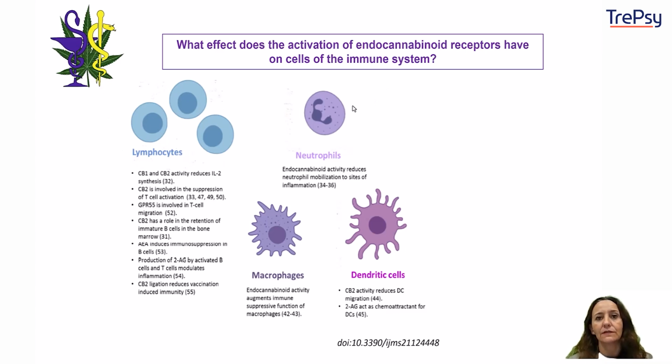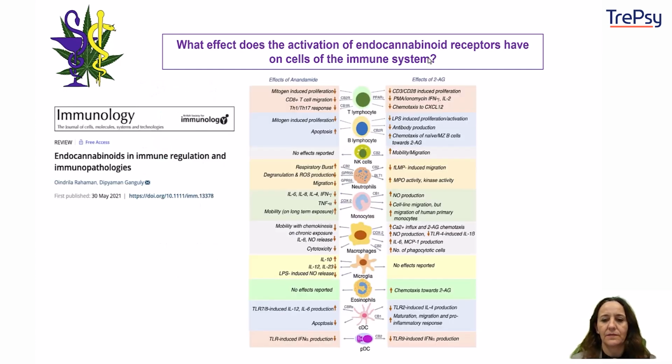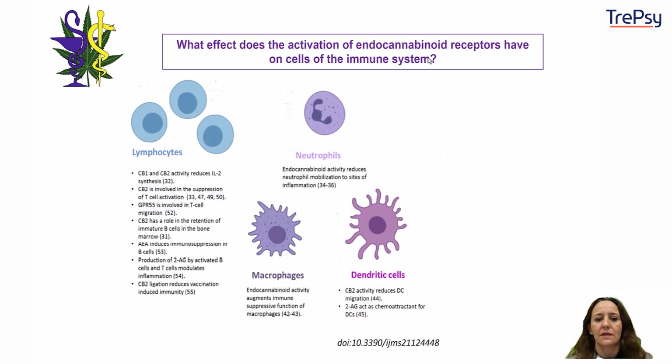And what is the effect of these cells there? Well, as we can see here, the effect of the activation of CB2, that is the most interesting receptor in the immune system, has different implications in different cells. For example, in lymphocytes, CB1 and CB2 activity is reduced for IL-2 production.